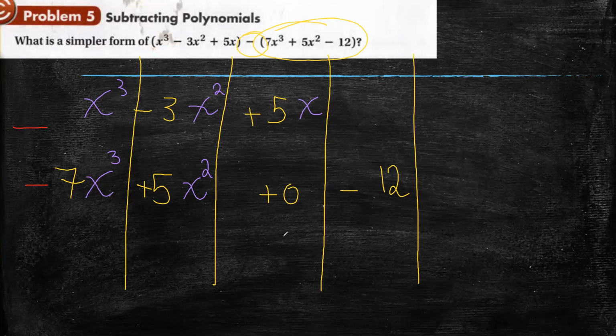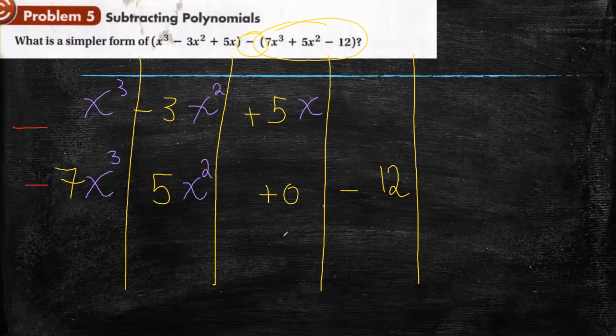Since we have a first polynomial minus a second one, the first step, we have a minus. So I will write now the opposite of each sign. The 7 here is positive. I will make it negative. And what is the sign of 5? Positive.